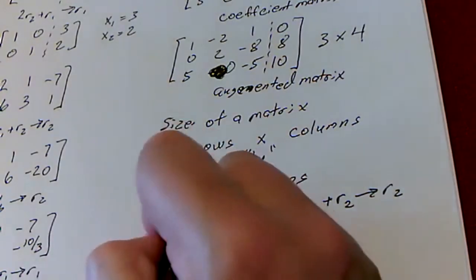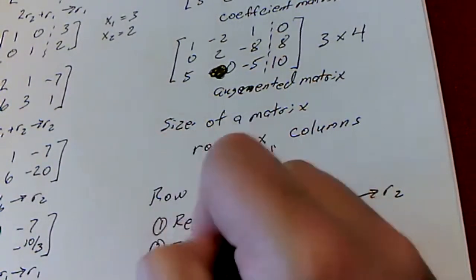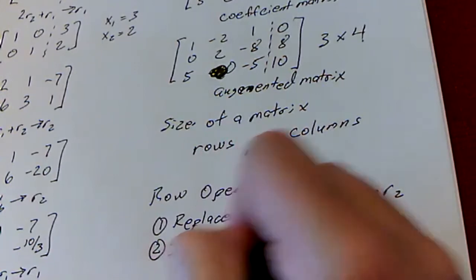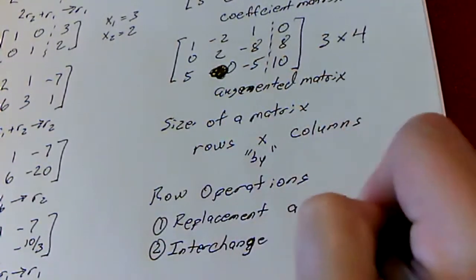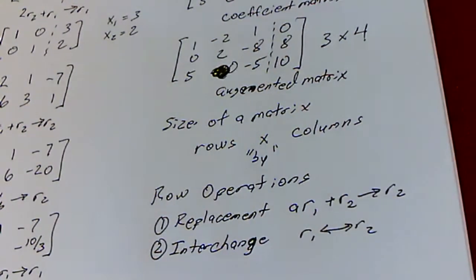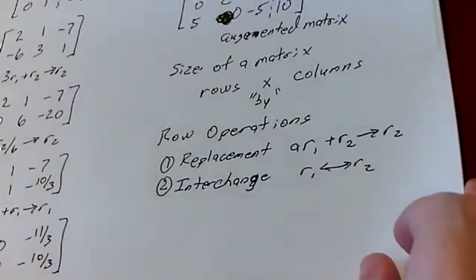Our second one is called interchange. When you do interchange, you switch 2 rows completely around. So I have 2 rows, say row 1 and row 2, and I just switch where they are. I move row 1 down to row 2, and row 2 up to row 1.